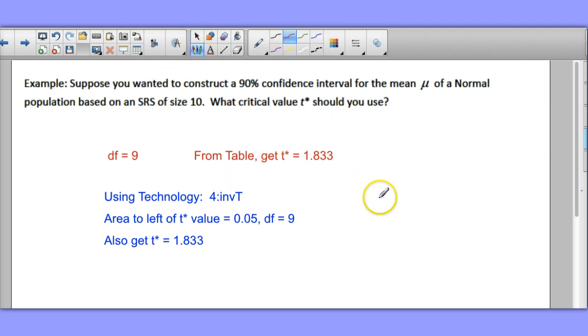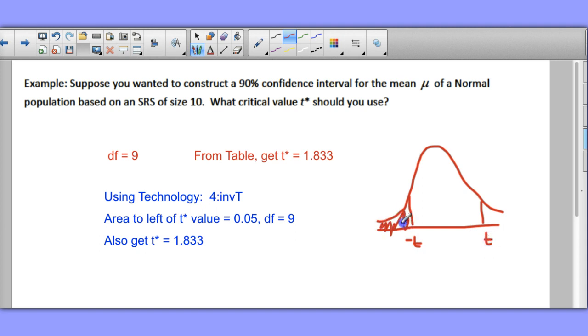Well, that's because if we're talking about a t distribution, and excuse the crudeness of my drawing here, 90% will be contained within our negative t star and positive t star values, which means I have 10% left over between my tails.